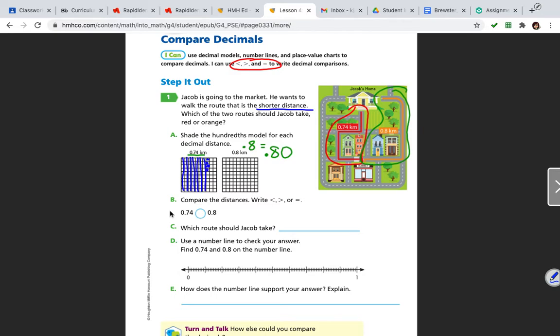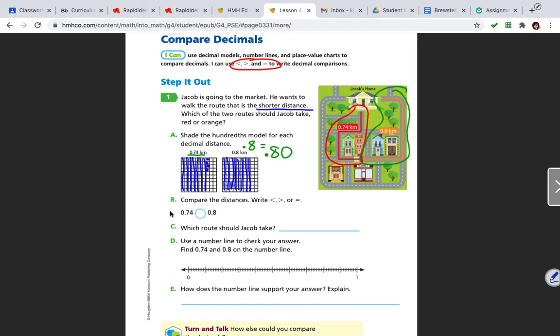The next one we have 8 tens. 8 tens is also equivalent to 80 hundredths. So let's shade in 8 tens. 1, 2, 3, 4, 5, 6, 7, 8. And this one we have 2 rows left of 10. So that one was actually shaded more.